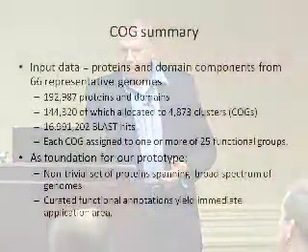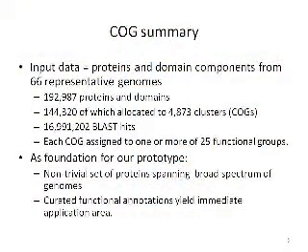And then they've been clustered after that based on initially E value, that's the expectation value. And the clusters have been curated, and each cluster has been allocated to one or more of 25 functional groups.